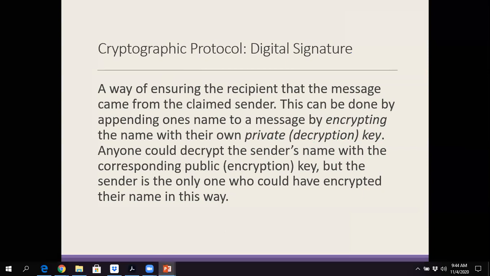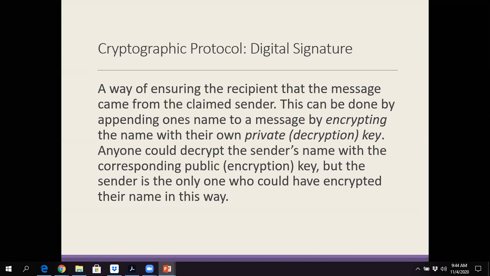They say you want to send a message to the Pentagon, then you should use this public key. So how can we be sure that a message is being sent to the entity we want it to go to? Yeah? Well, it turns out there's a cryptographic protocol called a digital signature.